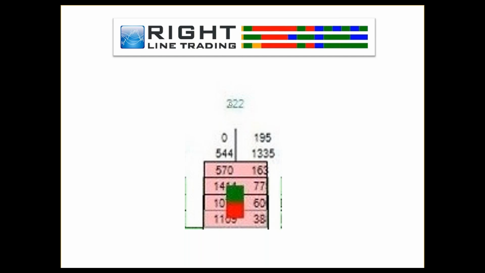This is much more powerful than market profile, looking at the value area high and value area low, because this is giving you an assessment of buy-sell pressure, an assessment of supply and demand on a candle by candle basis.